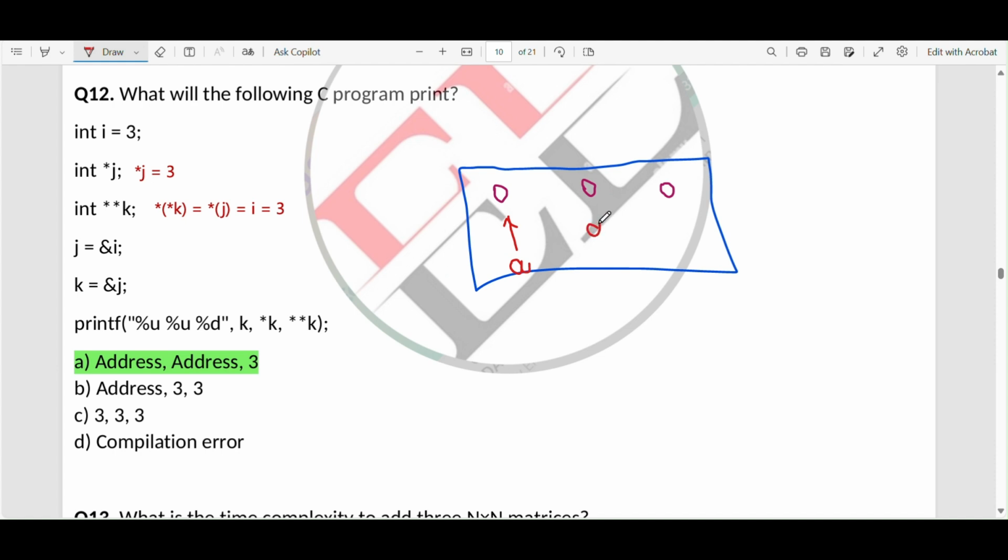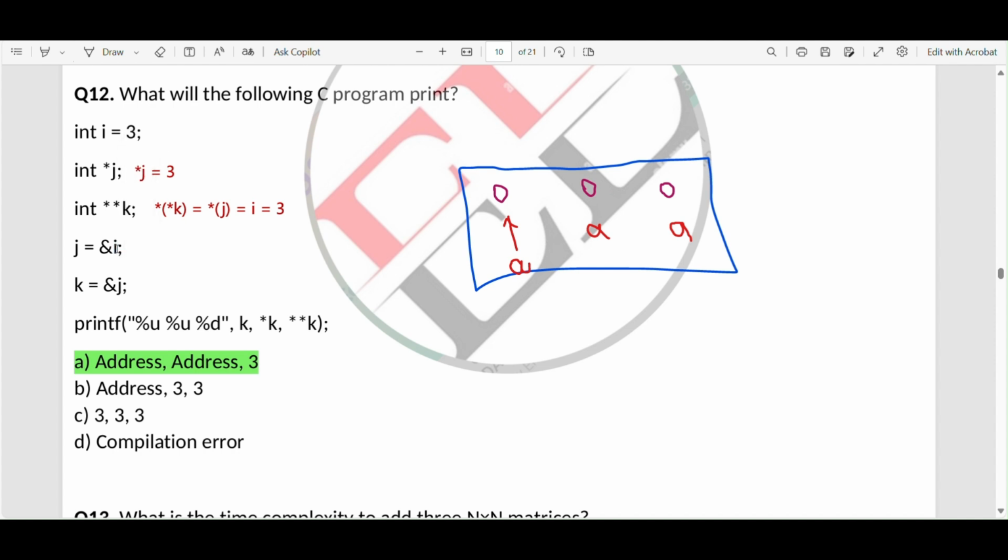So likewise here they'll have the address. So j equals ampersand i. Ampersand is nothing but the address of i, means consider this as a variable i, and this address is stored in the variable j. I hope you understood.